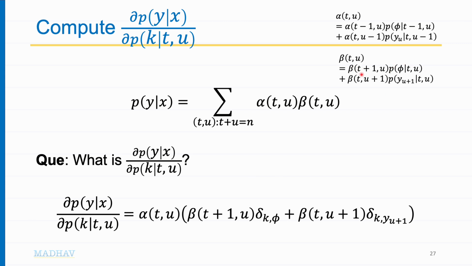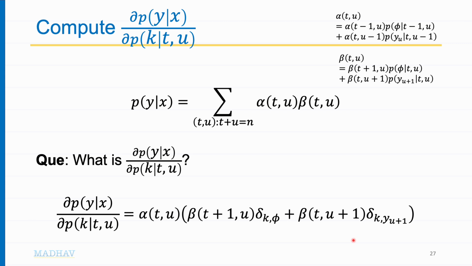So this is basically beta t plus 1 comma u, that's constant, into delta k comma phi, because when k is equal to phi, this term will be 1. Plus beta t comma u plus 1 times delta when k and y u plus 1 are the same, then this term is 1. Easy, right? Just the derivative of a linear function. Done?